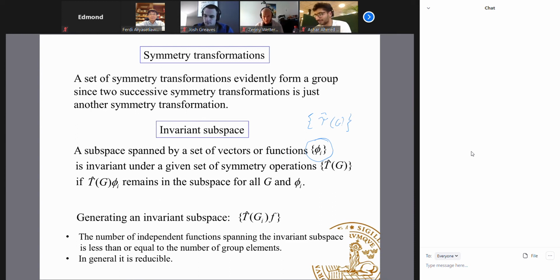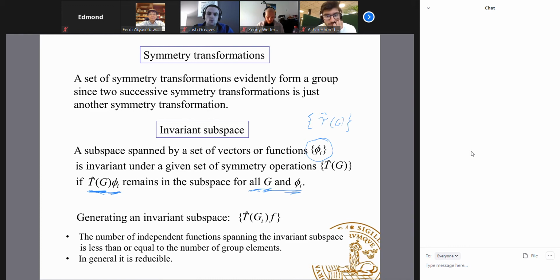So if we apply the symmetry operator or any of these to one of these functions, then the resulting function remains in the subspace for all G and all of phi I. That's why it's called invariant subspace, because the subspace goes back to itself when we apply the symmetry operations.